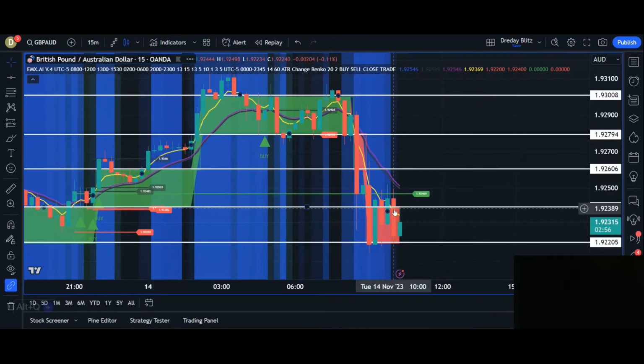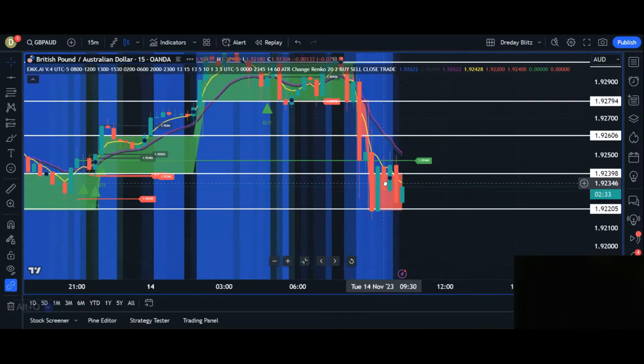So if you're selling right here, you need to put it at the top of the sell Renko. That's the top of this zone, but that's the bottom of this zone, right? So if you're trading within this zone, you have to put your stop loss at the top of the previous zone. So the top is right here. Okay.